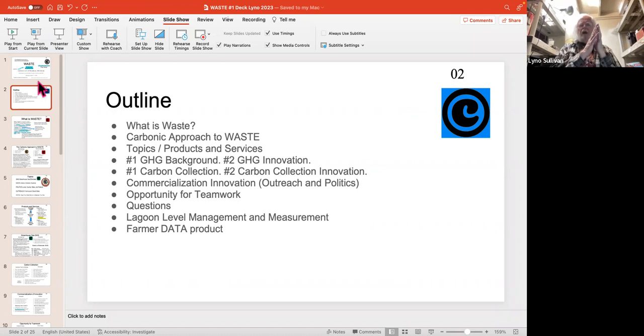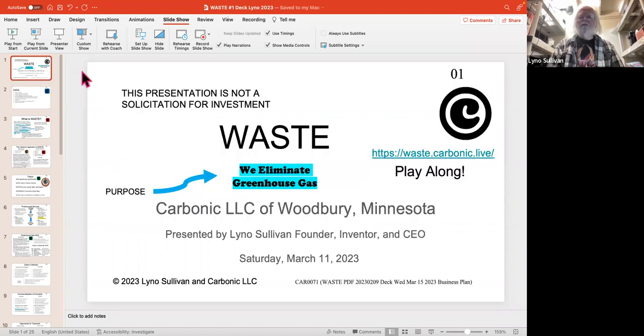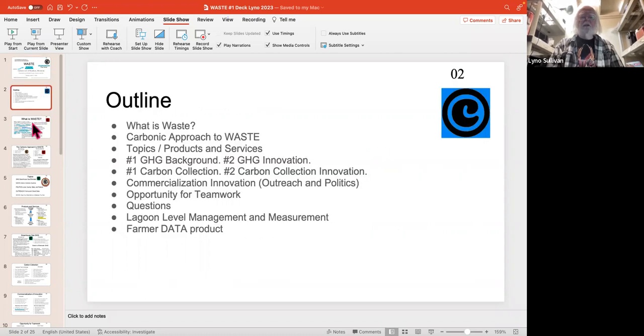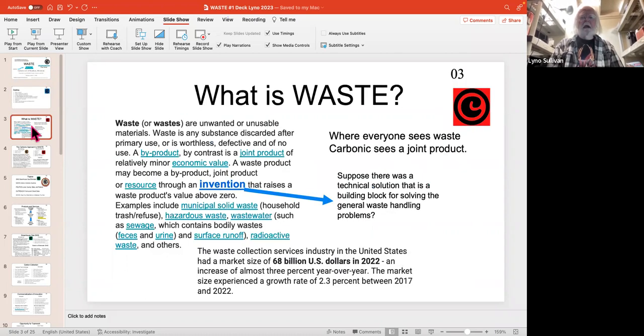Varied topics, greenhouse gas, opportunities, commercialization, teamwork, and then we'll have a section for questions, lagoon management and measurement, and farmer data products. So if you went to waste.carbonic.live, you would be able to see the farmer data product.